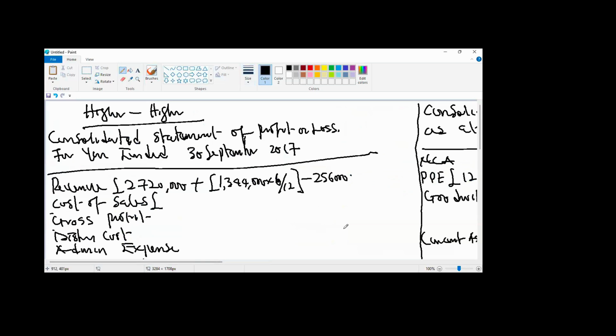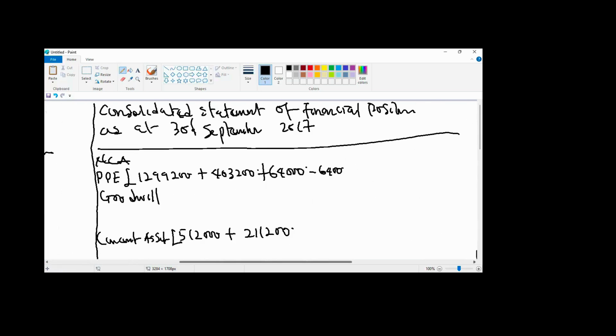Go to the inventory. There is no inventory, but there is a current assets item, minus. That's all.